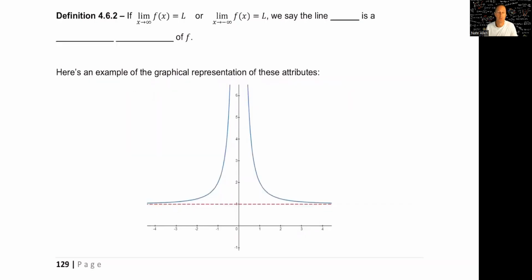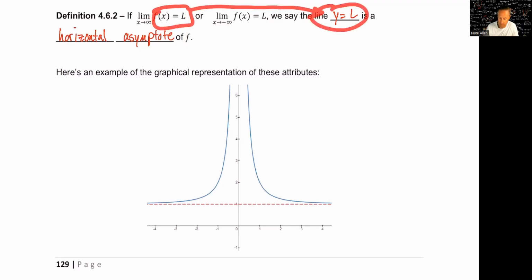Now for 4.6.2, the next definition, if that's true, if we have a limit, a y value, as we get further and further to the right or to the left, we are approaching some limit, some number. Then what does that mean? We're going to end up having y equals L is a horizontal asymptote of that function. Notice it's just y equals L. It's a line.